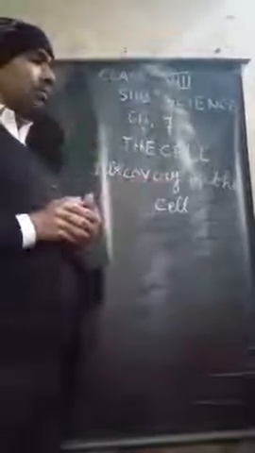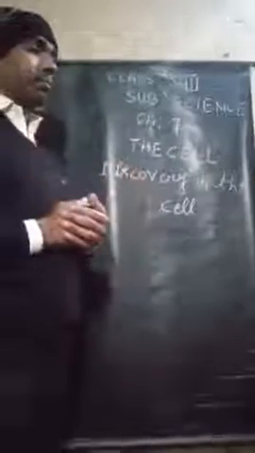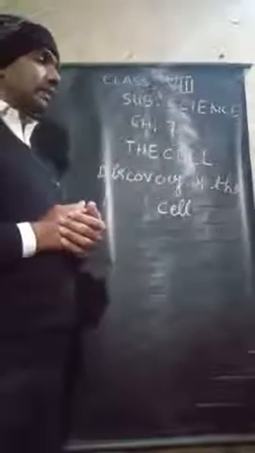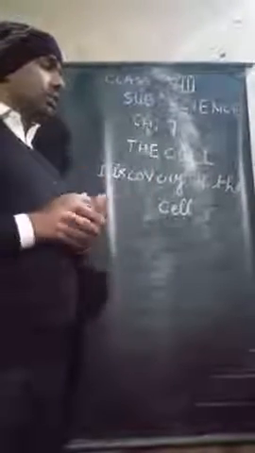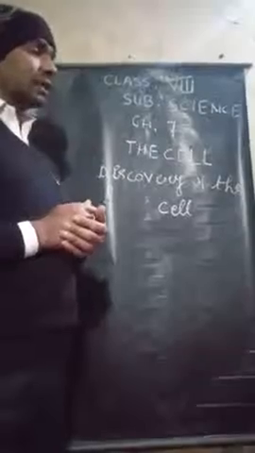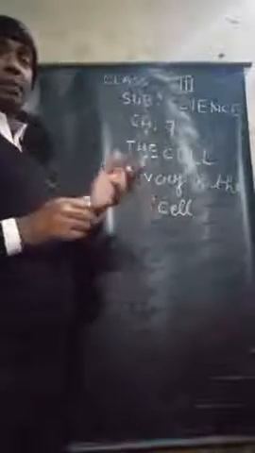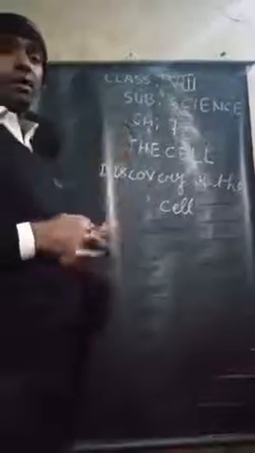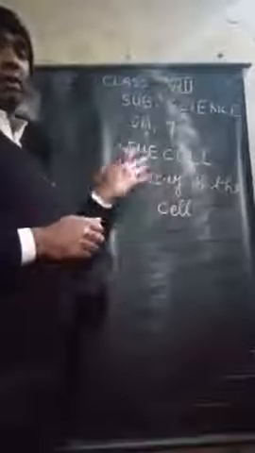This teeny box appeared like a honeycomb. The structure seen by Hooke was called a honeycomb structure, but later he gave the term cell. So like this, the cell was discovered.